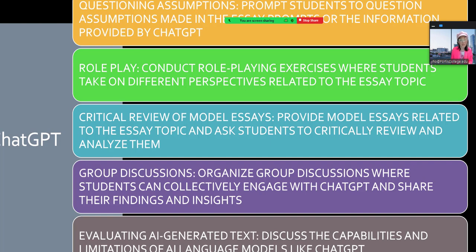Discuss the capabilities and limitations of AI language models like ChatGPT. And so, once again, have students write their own essay and then have them compare that to what ChatGPT 3.5 can come up with, so that students understand the limitations of AI-generated texts versus their own writing.